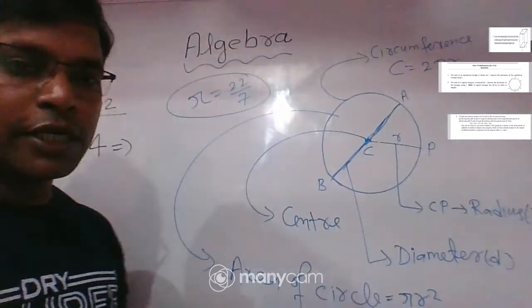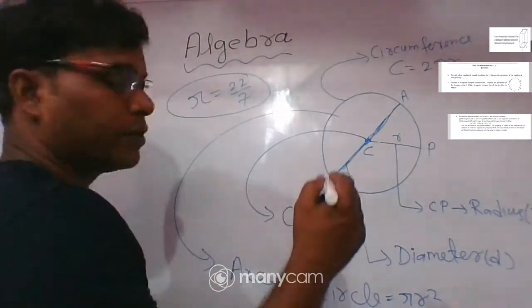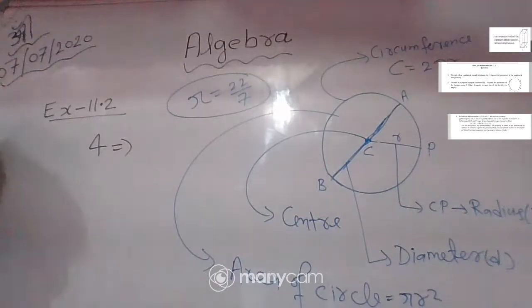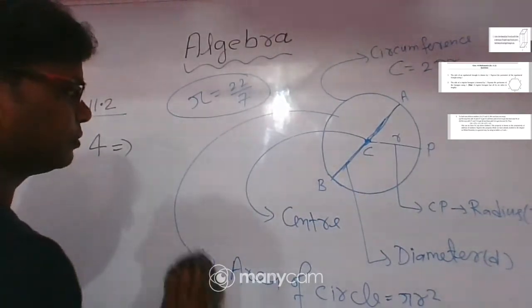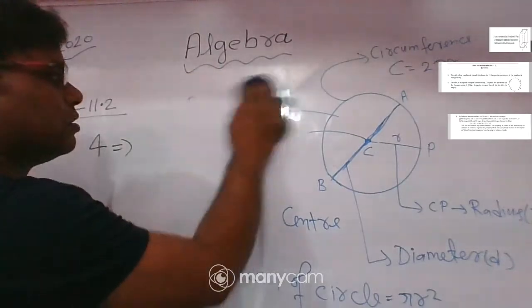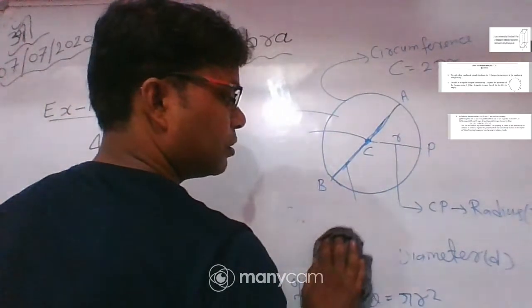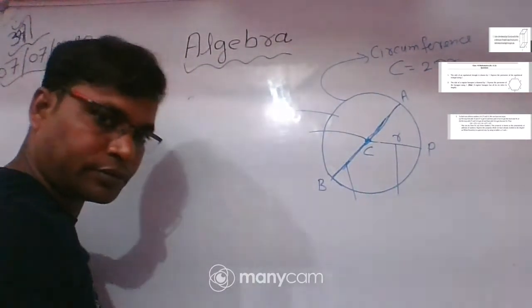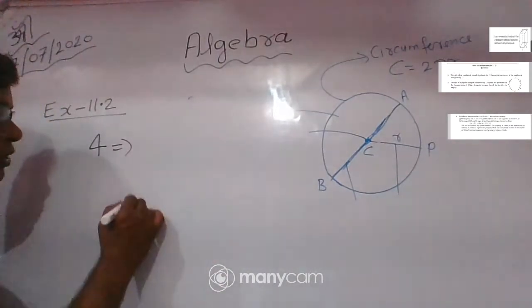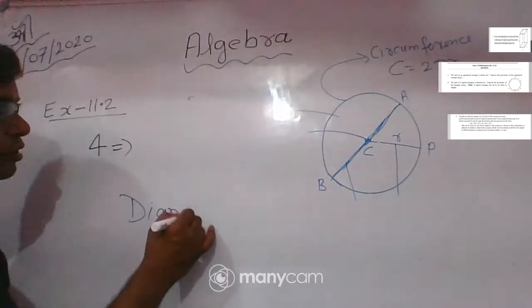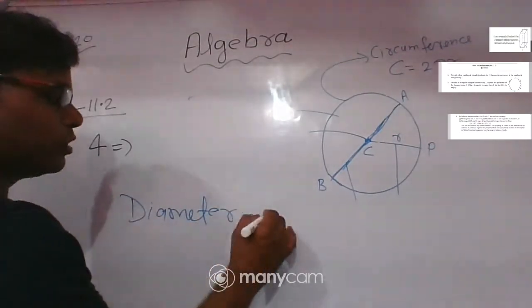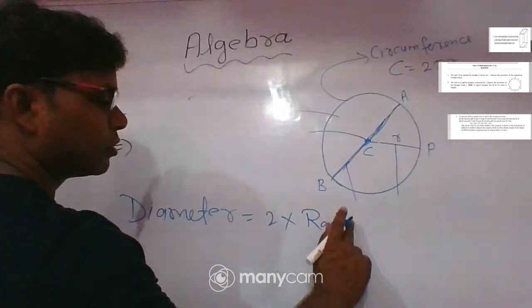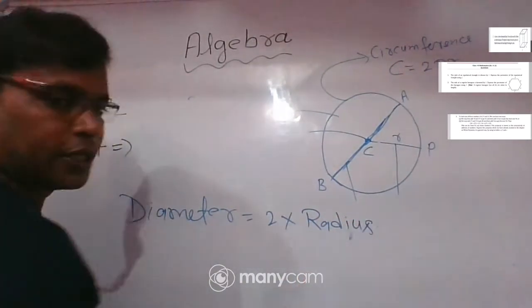So the relation between diameter and radius: diameter is equal to 2 into radius. Clear?